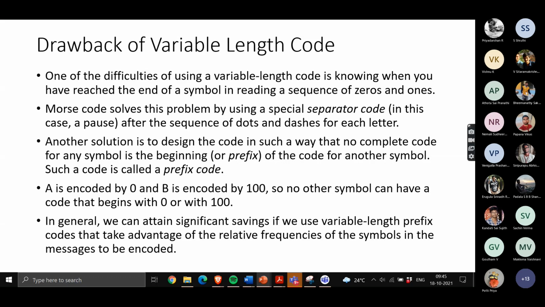We are not going into detail; I'm just giving you the introduction about variable length coding and Morse code.